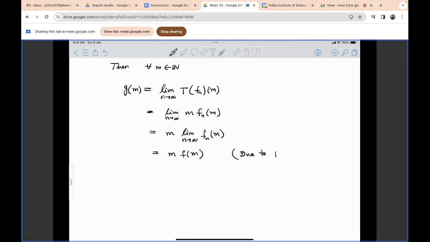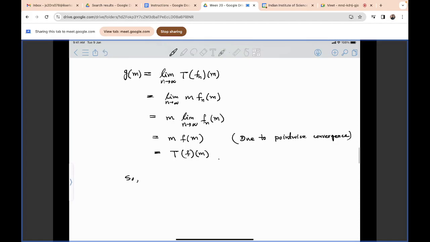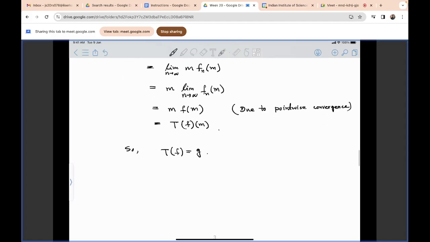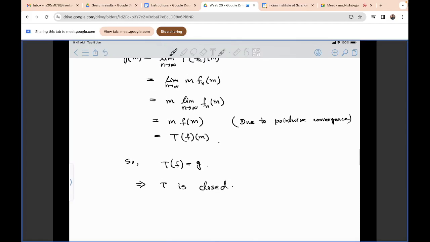And m f of m is again T of f at m. And this is true for all m in N, so therefore T of f is g. So that we had to show, which implies T is closed. So we have shown that T is a closed operator.